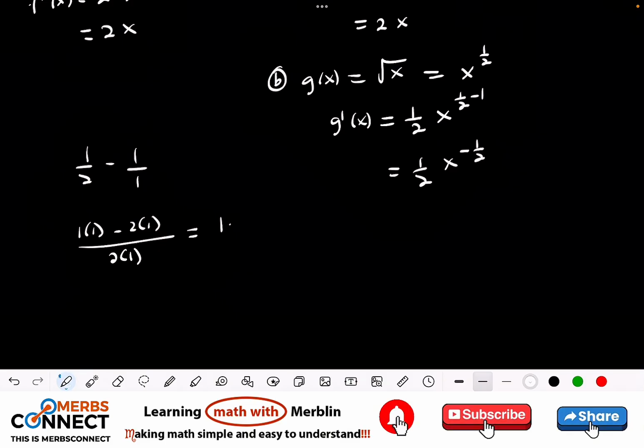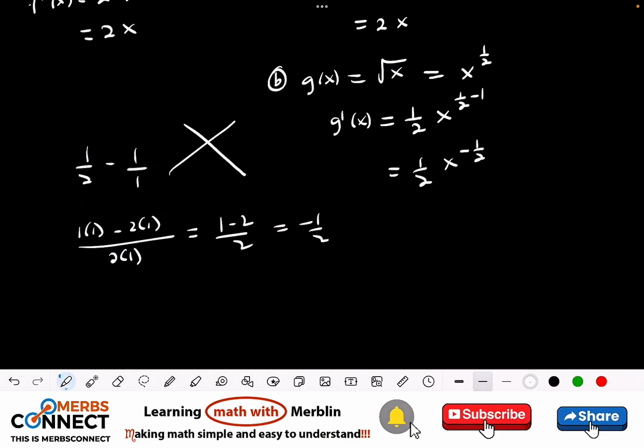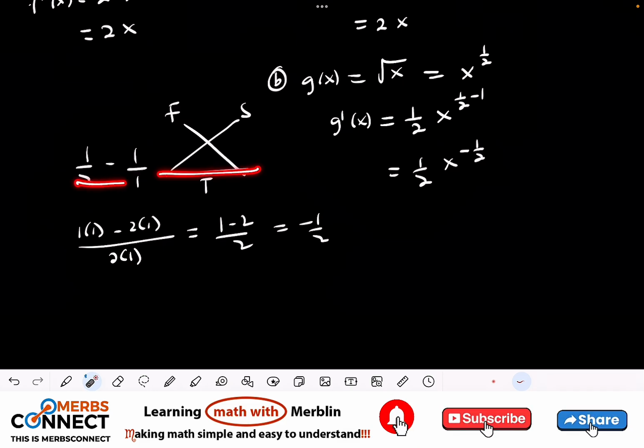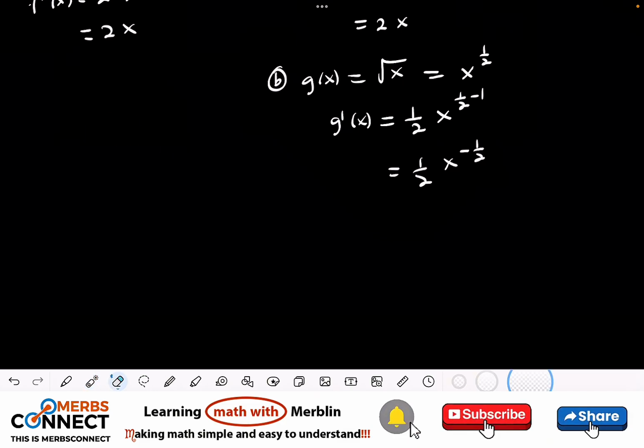This will be 1 minus 2 divided by 2, and this is minus 1 over 2. So first, second, third: move along this, then this, divided by, then you move along this, and then you get it. So that's what you are going to get for B.